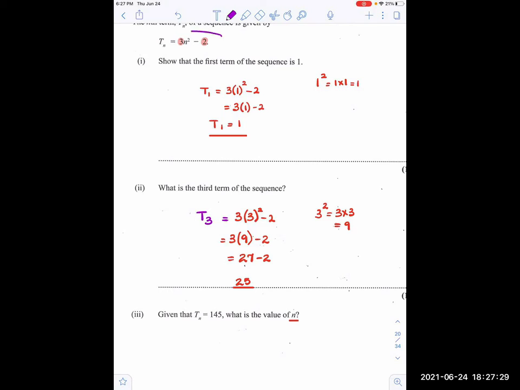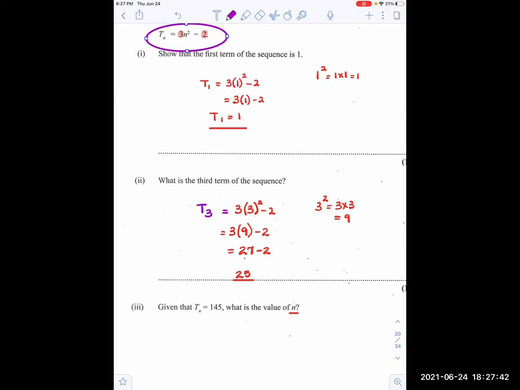So this is Tn. So we're making n the subject of the formula, and I have to teach you all how to make n the subject of the formula. So we're going to do that next time. So 3n squared minus 2 is equal to 145.